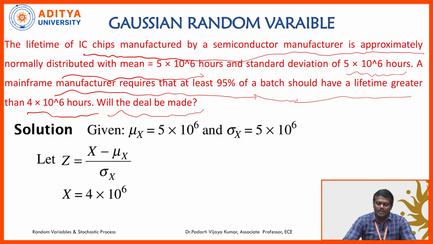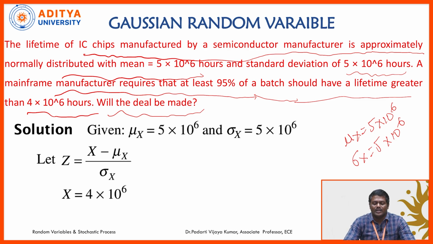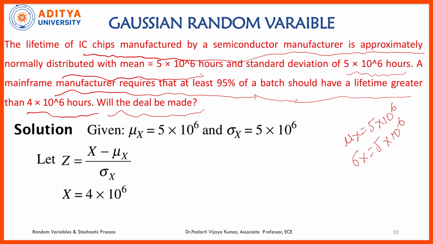See here, the mean value mu x is given as 5 into 10 power 6 and the standard deviation is given as 5 into 10 power 6. Now a mainframe manufacturer wants to purchase these IC chips and requires at least 95% of the batch to have lifetime greater than 4 into 10 power 6.